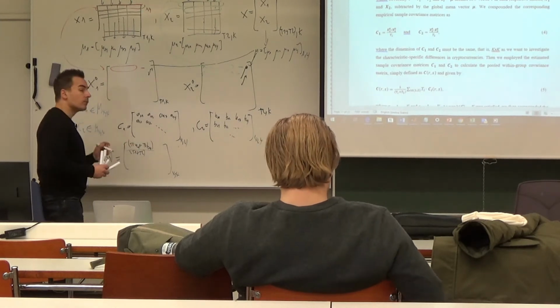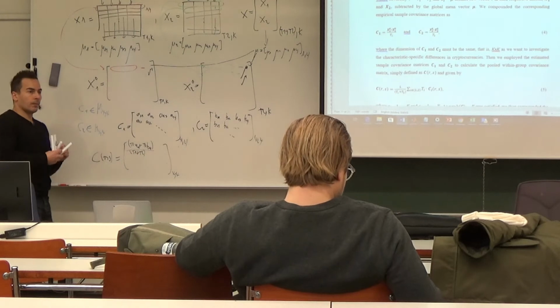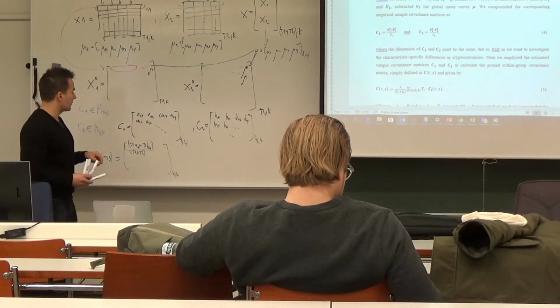So that's the first element of the pooled within group covariance matrix.